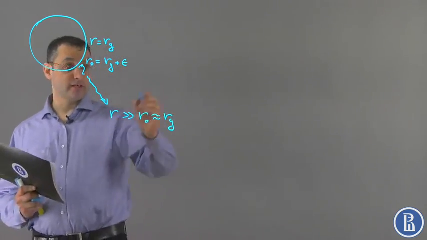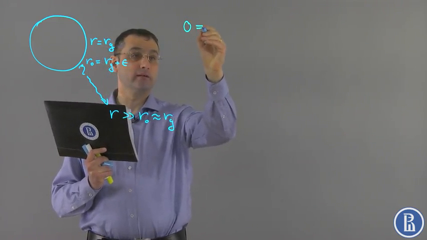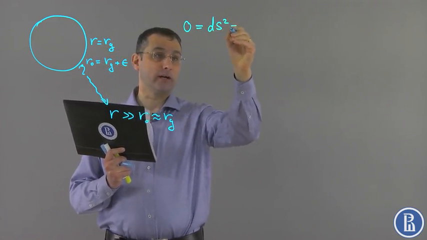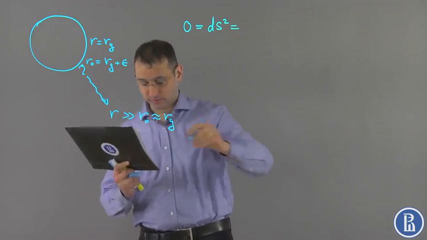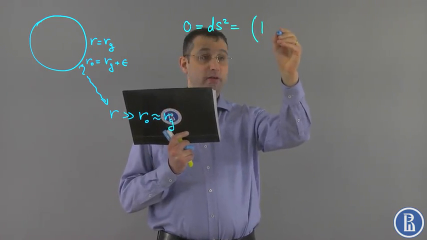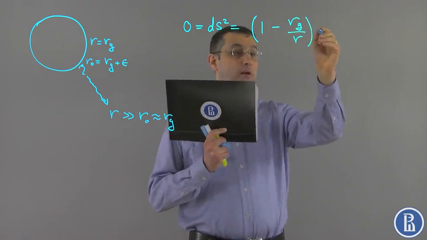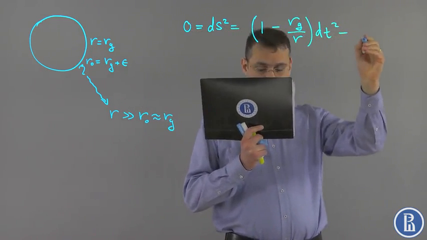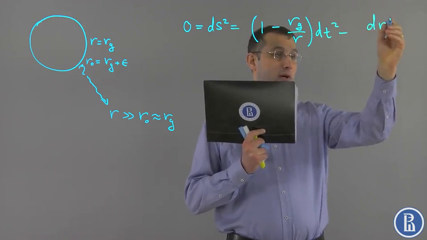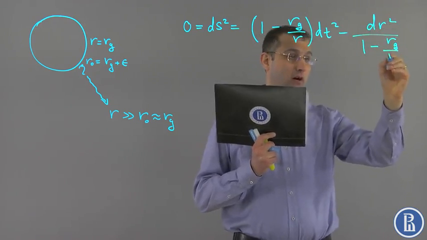This wave packet goes according to the following law, because it goes along the radius. Its equation of motion is given by this relation: dt squared minus dr squared over (1 minus r_g over r).